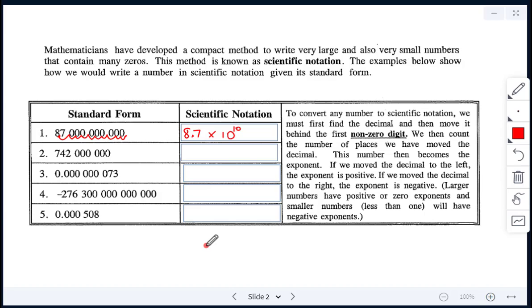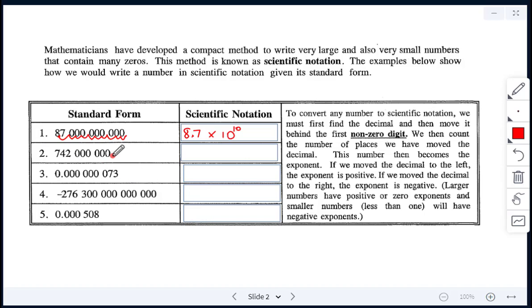The other thing to note is if you move the decimal to the left, the exponent is positive, as we just did. If we move our decimal to the right, the exponent becomes negative. So basically, large numbers will have a positive exponent, and small numbers that are less than 1 will have negative exponents.